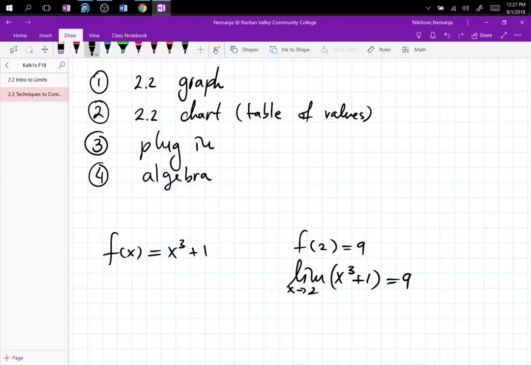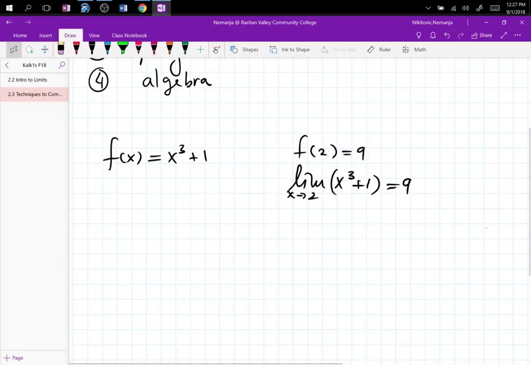This tells us that you are allowed to plug in a value and actually get the answer. And that is the fastest way. But it's not going to work all the time. So, number 3, plug in.